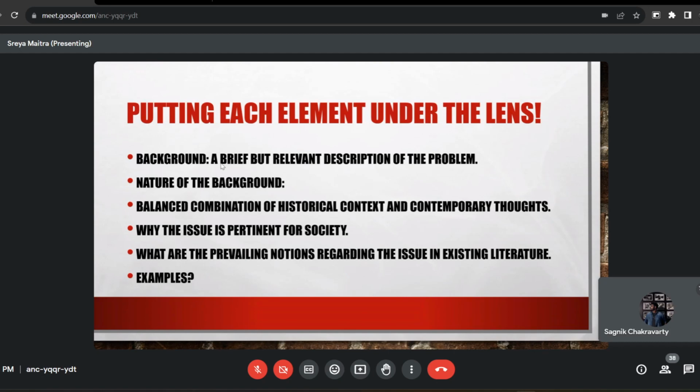Okay, so it usually runs for about, let's say, 8 to 9 sentences, maybe even 10 sentences, not more than 10 sentences. Here you are trying to give the reason why you are choosing a particular topic, and you are trying to say why this subject is important to you.